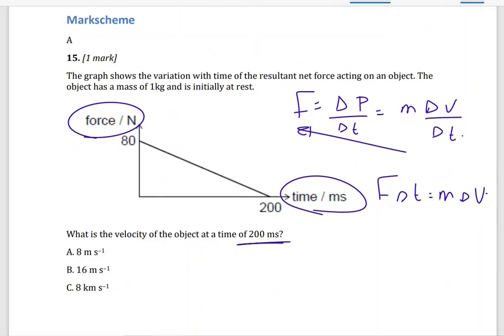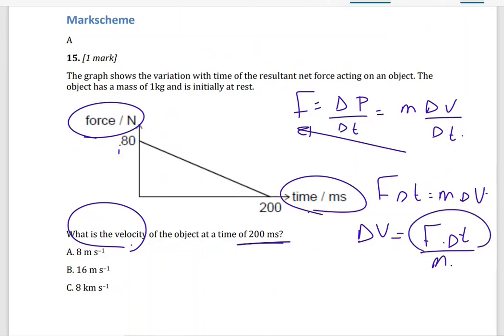I need the velocity because the question wants me to find the velocity. So the velocity will equal force times time divided by m. Force versus time, this will give me the area underneath this graph.